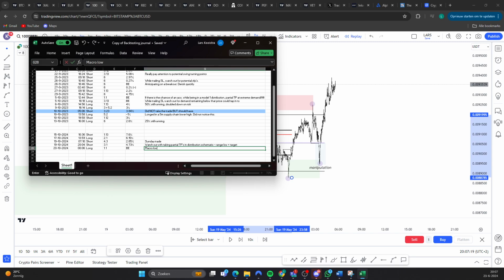Macro low, potential PO3. When trading a potential macro low, watch out for extreme manipulation.